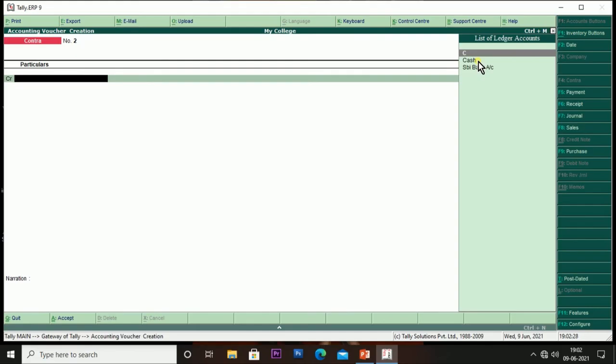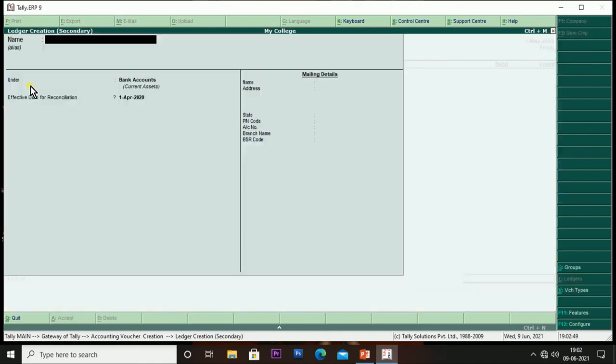Second one: now we will go for payment. For the payment, we can press the payment button. Now the payment is active, and we can take the debit side accounts. Again I'll press Alt C to create a ledger. I will take something like salary paid, or maybe rent deposit paid.